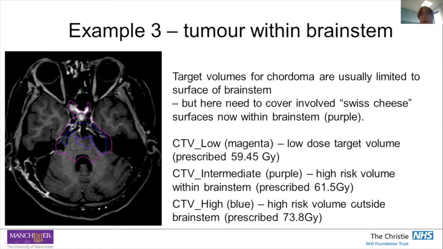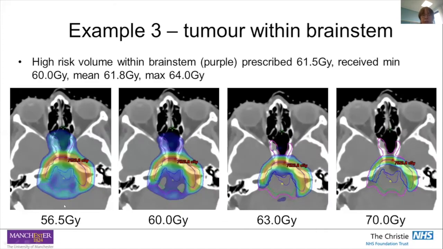So we tried to give 61.5 gray, whereas the high dose volume, we're aiming for nearly 74 gray. And this shows you what is achievable, which is necessarily some kind of compromise because we can't treat the internal part of the brainstem to very high dose.